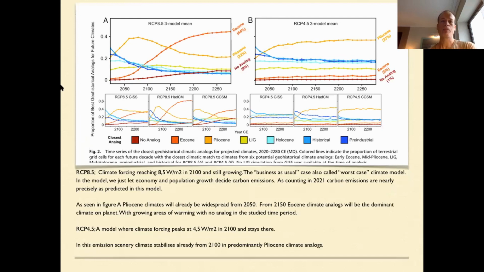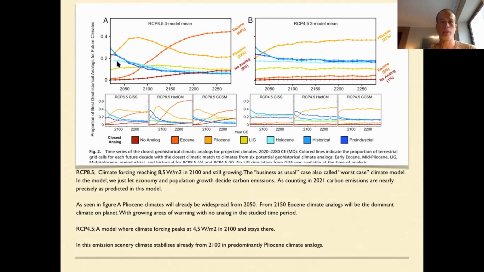In the study, we look at two models. We look at RCP 8.5, the worst case, business as usual model, and look at how these different climates spread on the Earth.